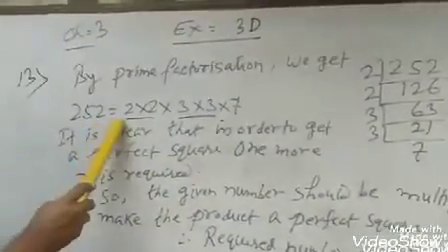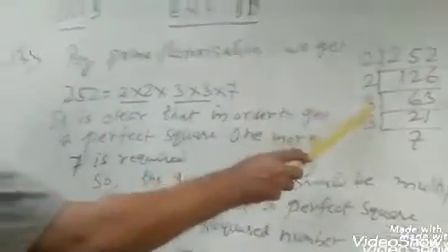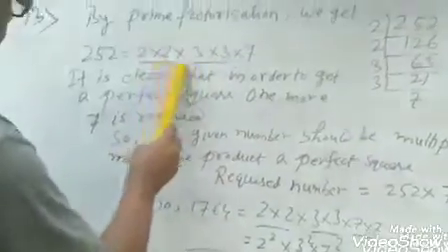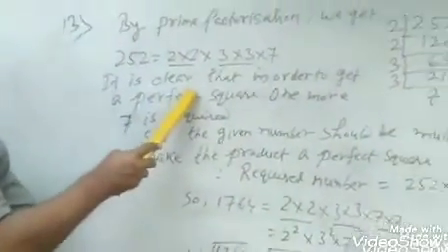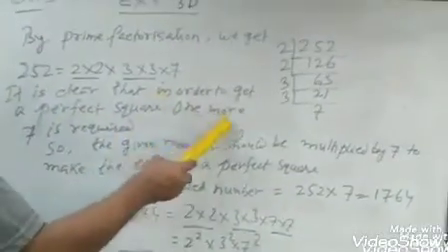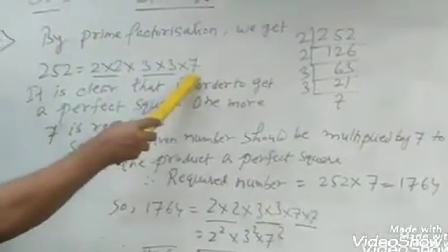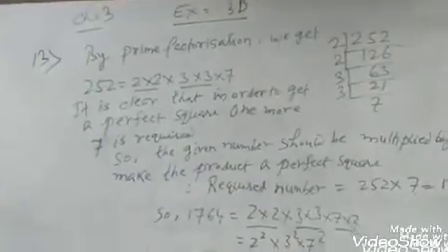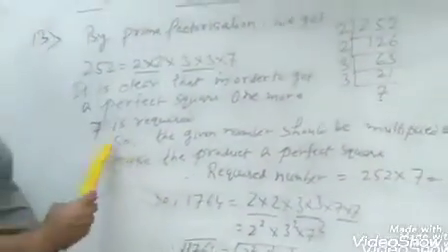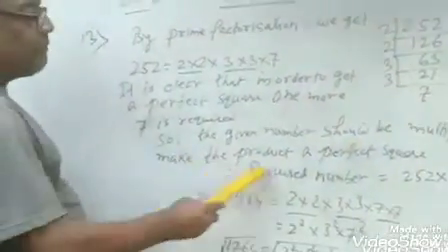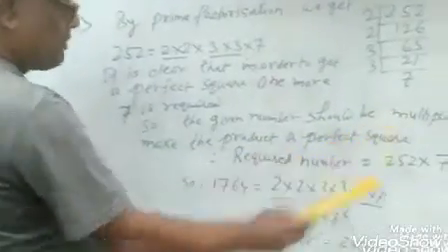Therefore 252 equals 2 into 2, 3 into 3 into 7. It is clear that in order to get a perfect square, one more 7 is required. 7 is not in a pair. So, the given number should be multiplied by 7 to make the product a perfect square.